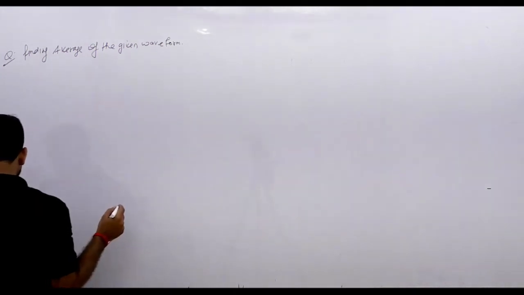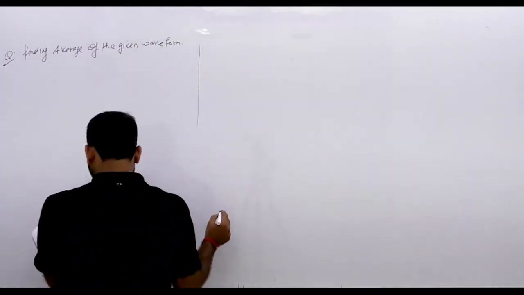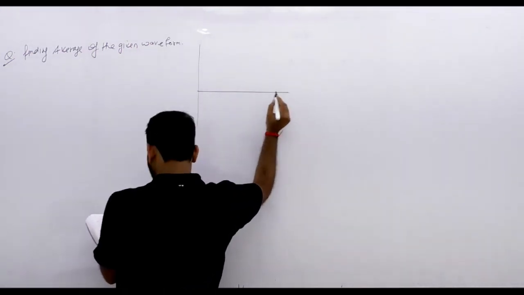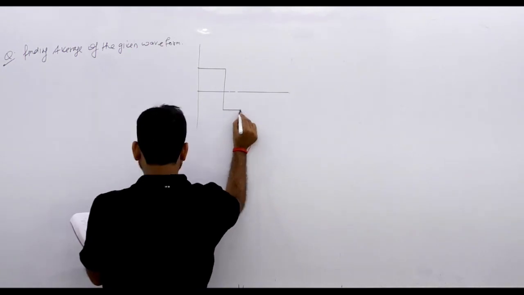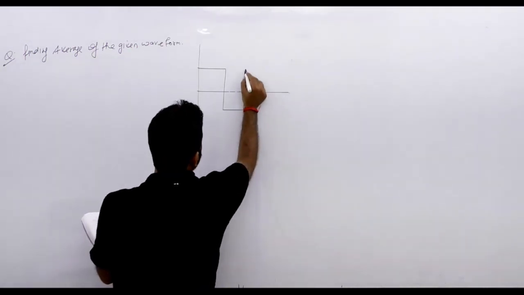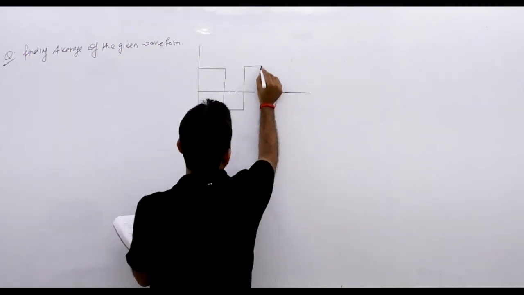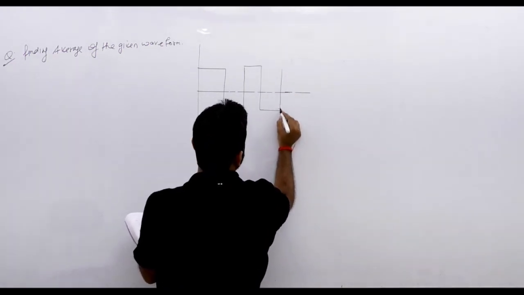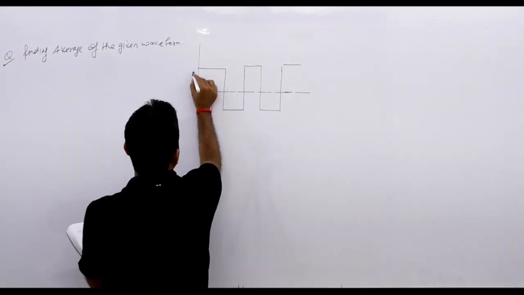So what is the waveform? Let's draw the waveform here. So this is our waveform: 0, 5, minus 5.